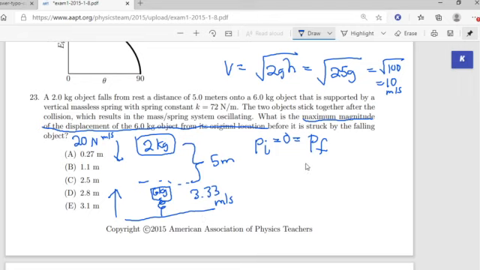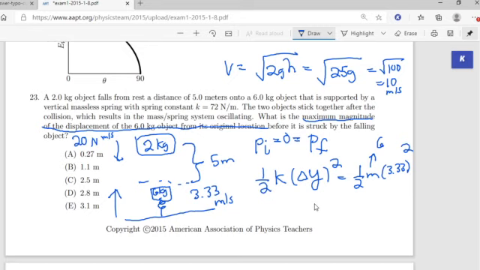Now I think we can actually use energy. Initially, when it's compressed and at rest, the energy was 1/2 k delta y squared, which is equal to 1/2 m times 3.33 squared, where m is 6 kilograms, and we want to find delta y.